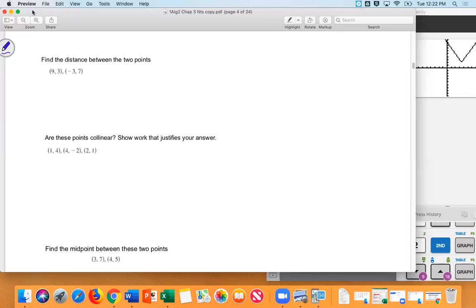So here, I told you yesterday, what's the first step, Ed? When I see 2 points, I should do what? Label. Yeah. So let's label our points. We're going to label them x1, y1, x2, y2.